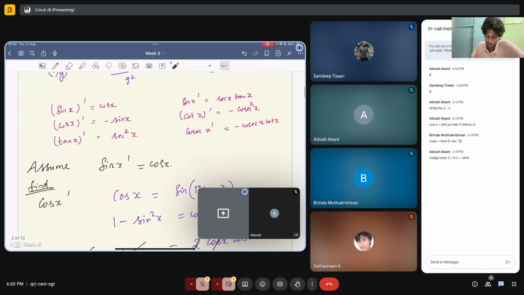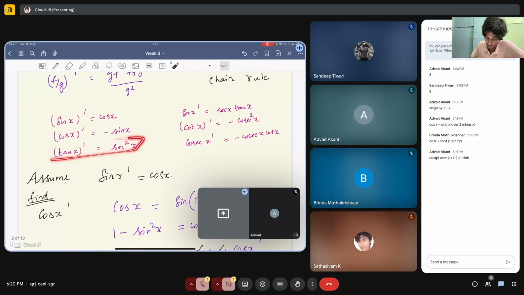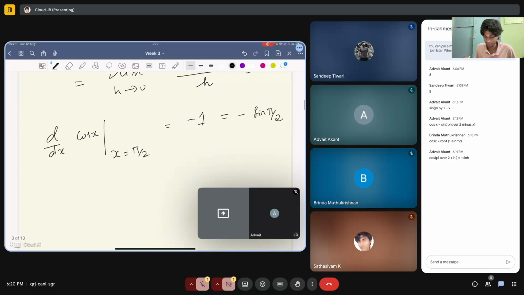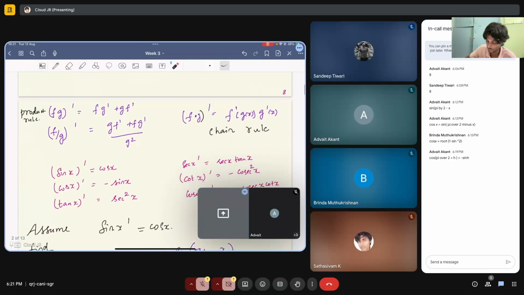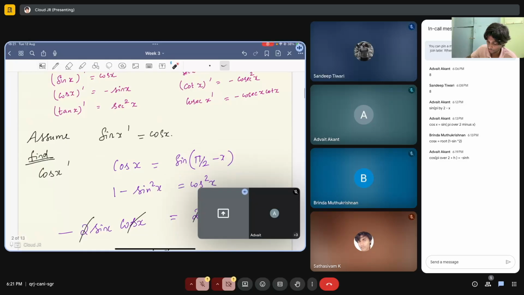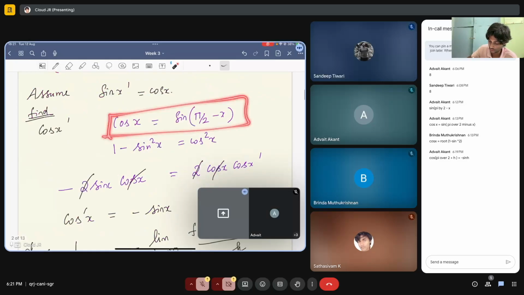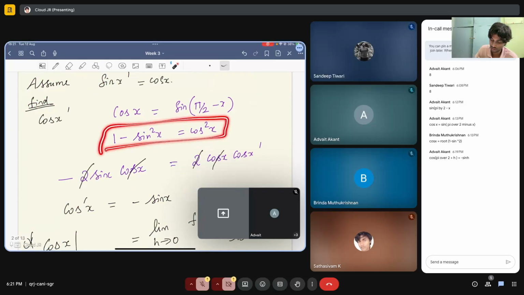Okay, so similarly, one can do the other things also. Let's say if you want to do this, maybe we'll do the tan x also, and then we will move on to the next problem. So maybe if you directly take the derivative of this, and just apply the chain rule here, then this equation may be much better than working with this.